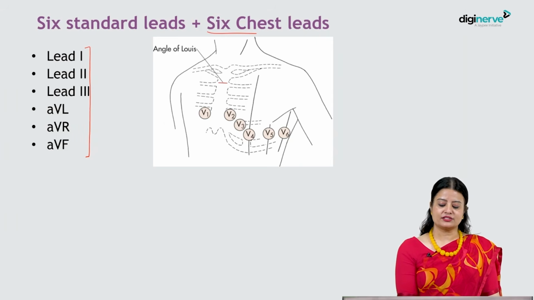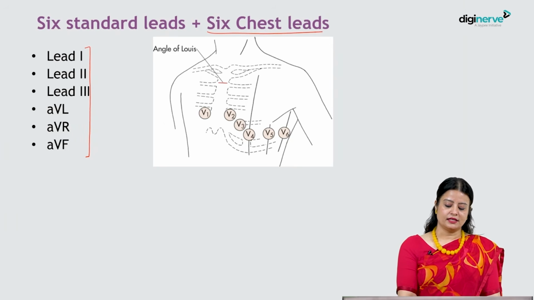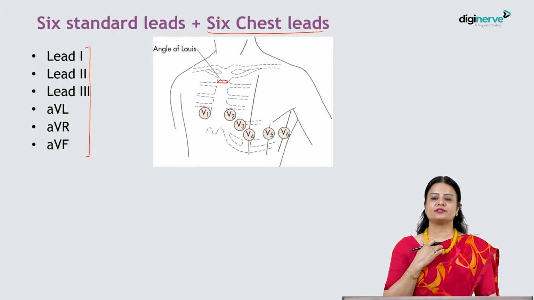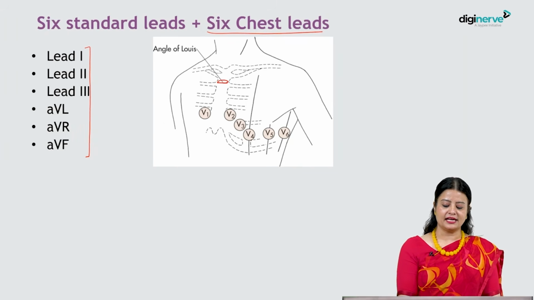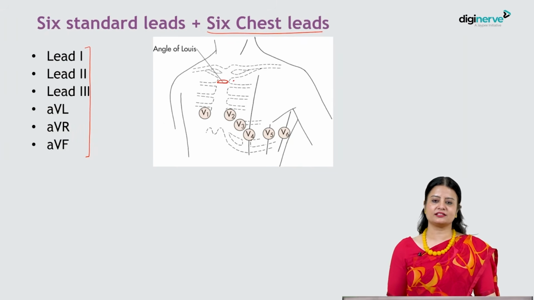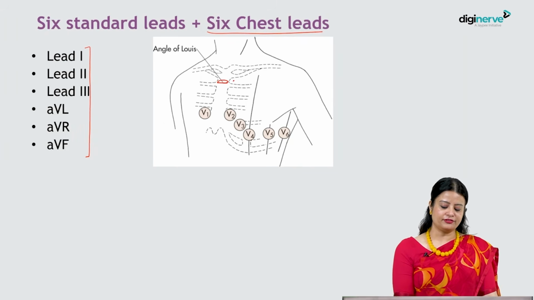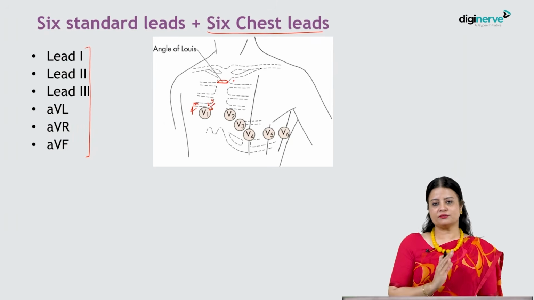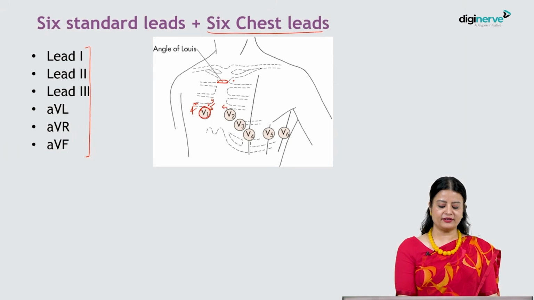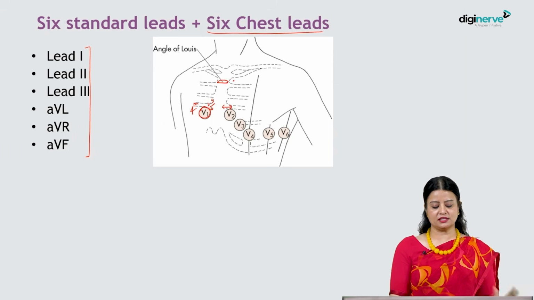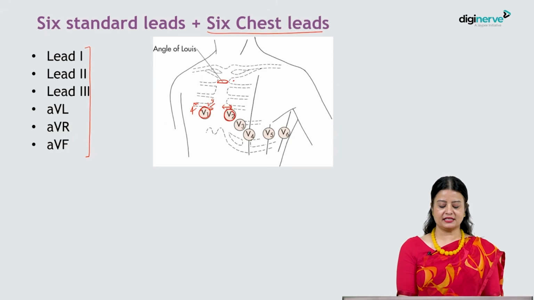Coming to the 6 chest leads, we find the angle of Lewis here. This is the projection which you can feel, the elevation you can feel here. This is the angle of Lewis and it corresponds to the 2nd intercostal space. And then from there you count to the 4th intercostal space, 2.5 centimeters to the right of sternum, you place your first electrode. 2.5 centimeters to the left of sternum, you place your second electrode.